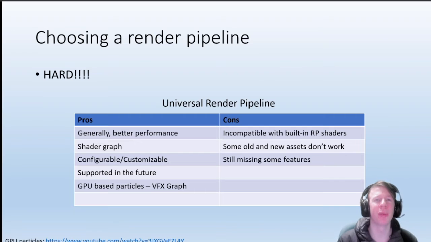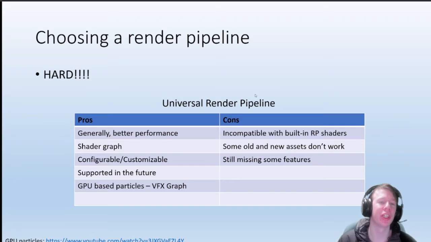There are all these C# hooks where you can interrupt the pipeline at stages and add stuff in. It's going to continue to be supported in the future. They're slowly killing off the built-in render pipeline. And you now can get GPU-based particles, so they will run much more performantly on devices like the Quest.